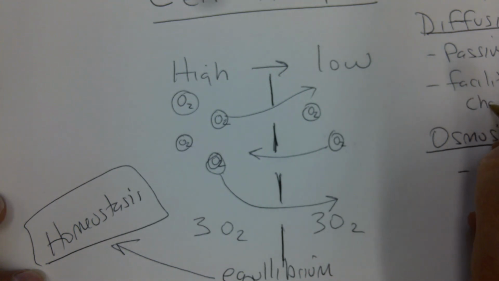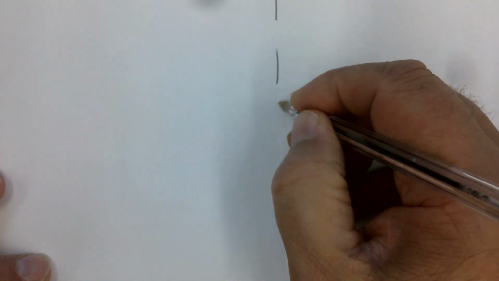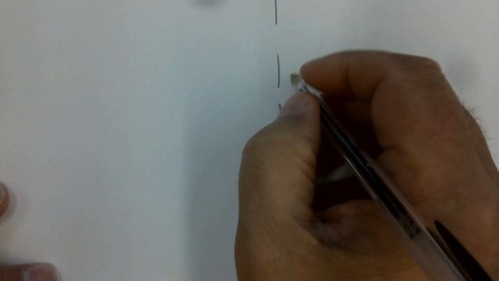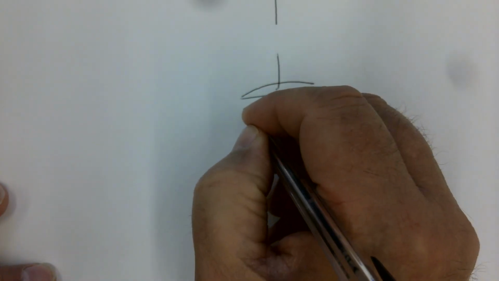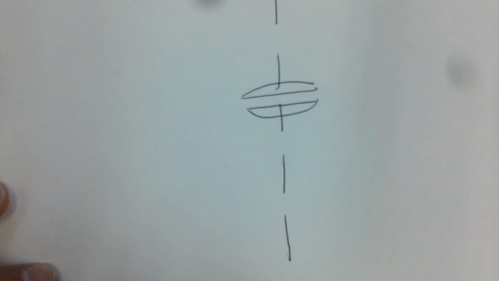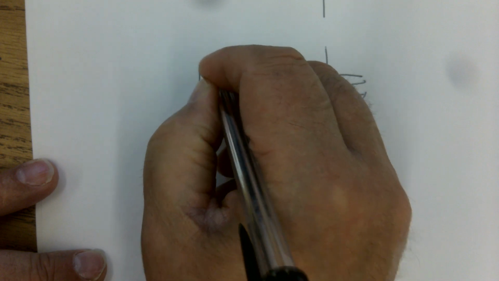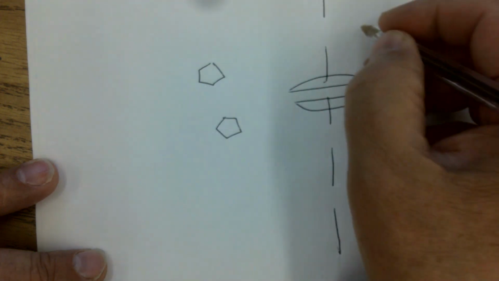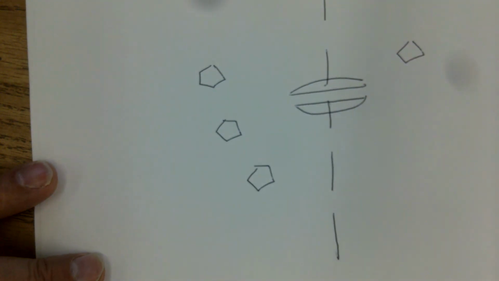We have these channels. Let's see if I can show you a real quick picture. So let's say we have a membrane here, and here we have a little channel. And we have, let's say, a molecule, we'll just make them a shape. We have 3 over here and 1 over there, okay?